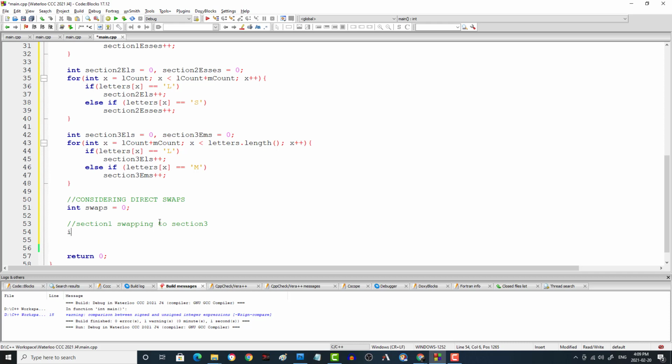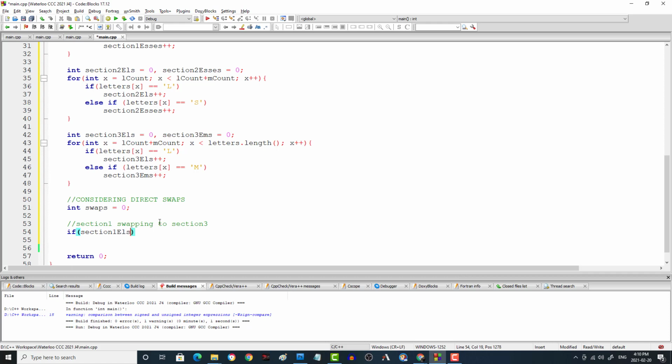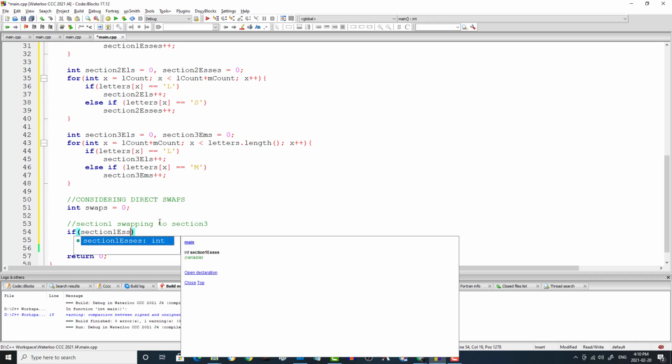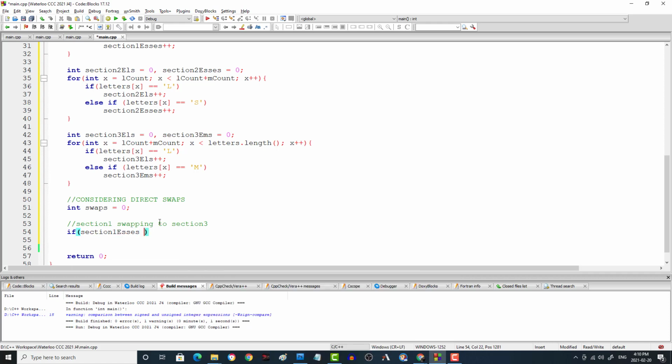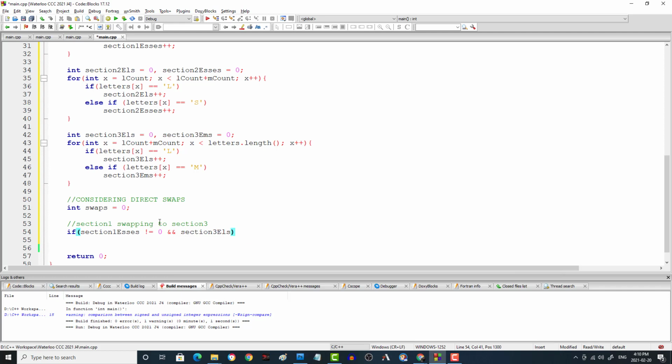So what we're going to do is we're going to say if section 1 S's is not equal to 0 and section 3 L's is not equal to 0. Okay, that means that we have L's in section 3 and we have S's in section 1. That means it's possible to actually do some swapping here.